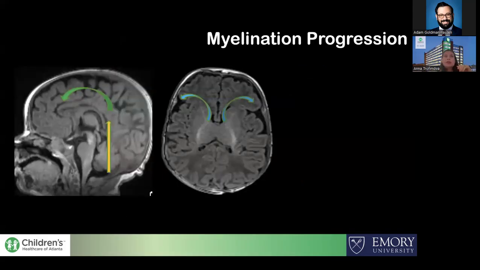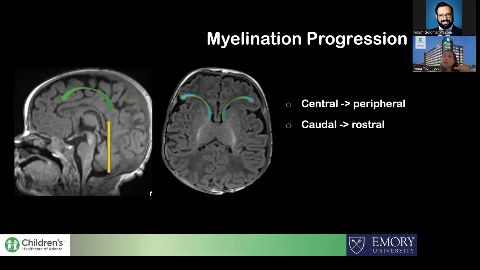In terms of the progression of myelination, it always proceeds in a very predetermined pattern, from central to peripheral aspects of the white matter, from caudal to rostral, and from posterior to anterior. The sensory pathways precede myelination of the motor pathways as well.